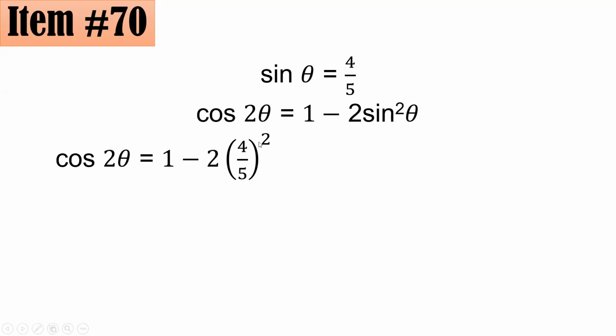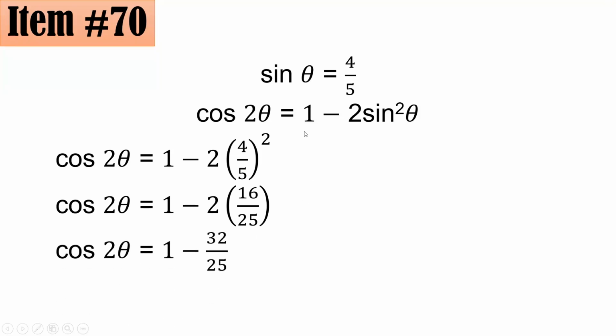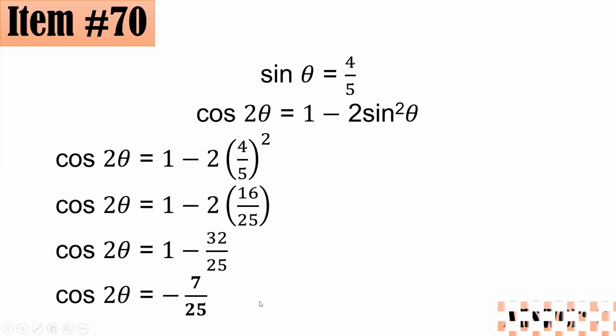The square of 4/5 is 16 over 25. Simplifying this gives you 1 minus 32 over 25. And of course, that is negative 7 over 25. Indeed, letter C.